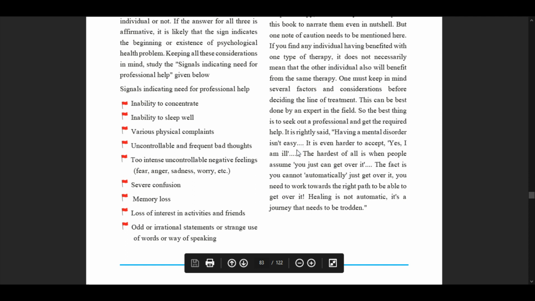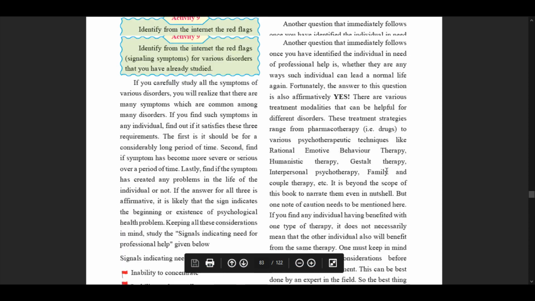The signals indicating the need for professional help are, the first one being inability to concentrate, inability to sleep well, various physical complaints, uncontrollable and frequent bad thoughts, too intense, uncontrollable negative feelings that are fear, anger, sadness, worrying, etc., severe confusion, memory loss, loss of interest in activities and friends, odd or irrational statements or strange use of words or way of speaking, self-harm, and signs of self-neglect.